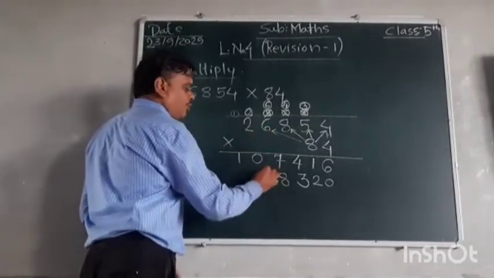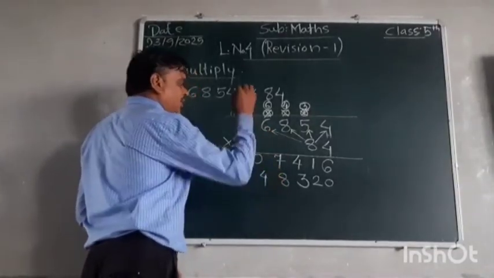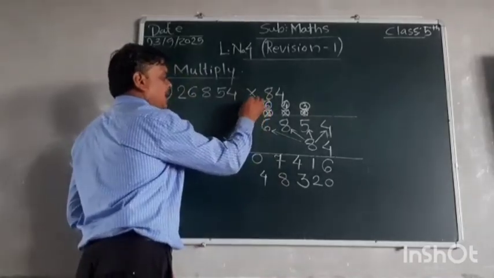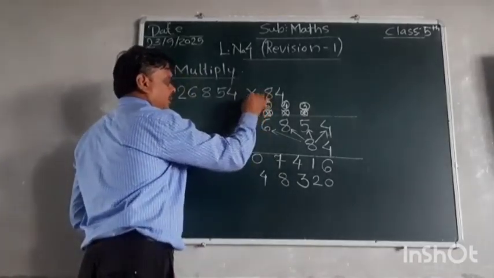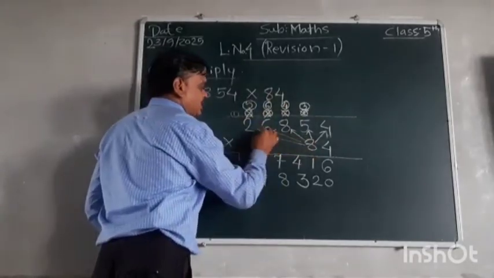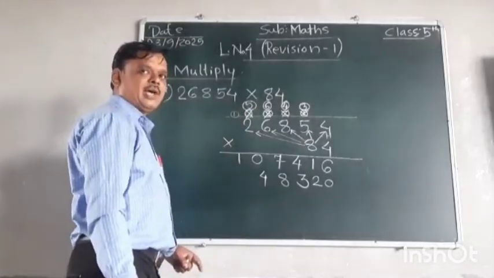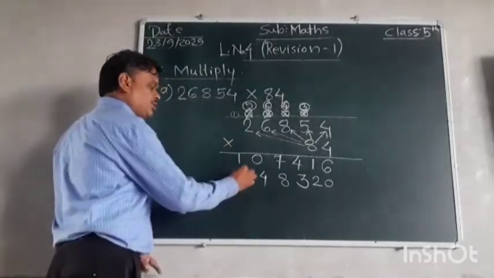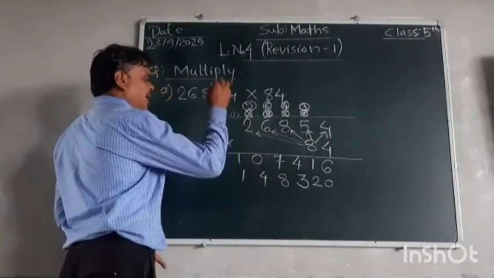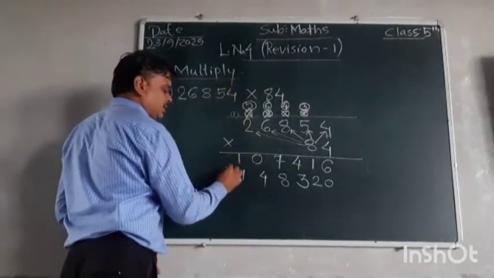So write down 4 here and 5 you have to forward as carry. 8 twos are 16 plus 5, 21. So write 1 here and 2 you have to place this side.